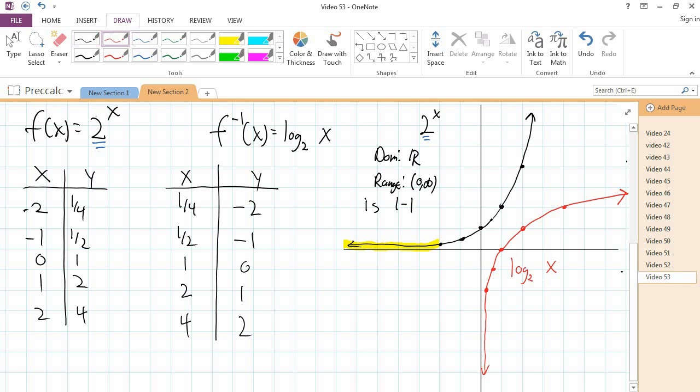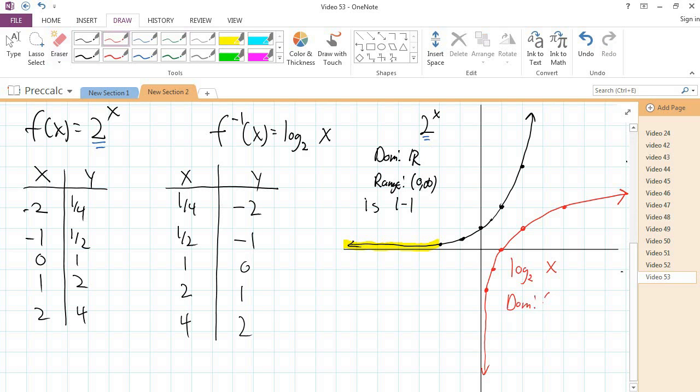Okay, so if this were 3 to the x for some reason, then its inverse would be log with 3 as a base. The base of the log is the base of whatever exponential the log is the inverse of. This inverse has a domain that's the same as the range of 2 to the x, because remember we exchanged x and y to get this inverse.